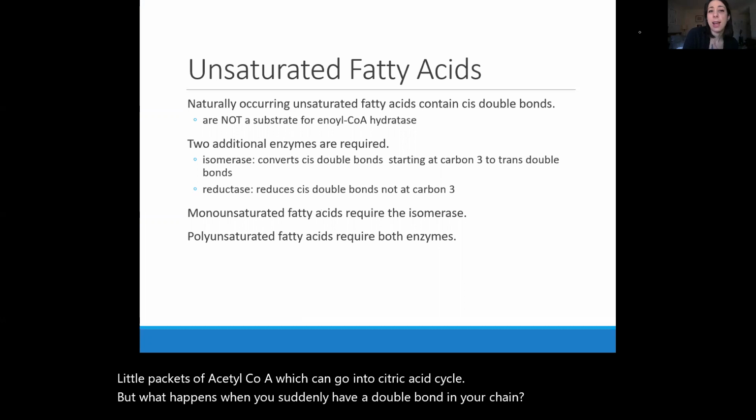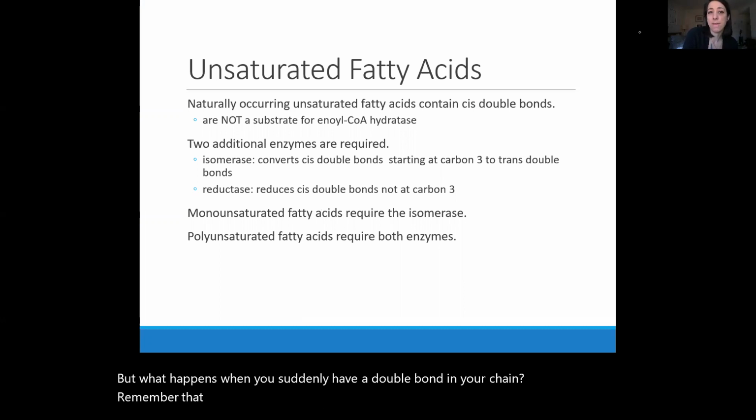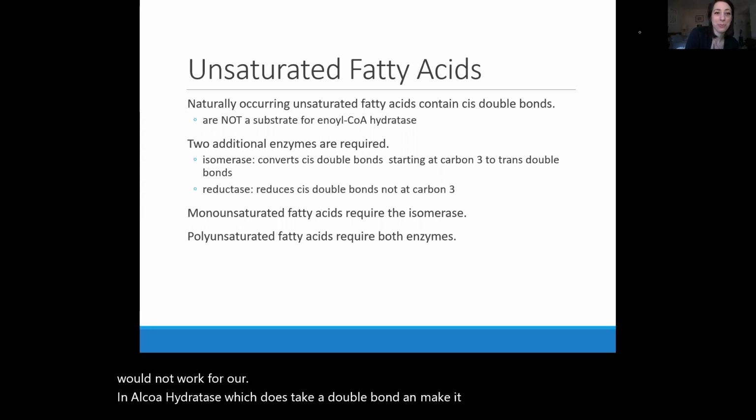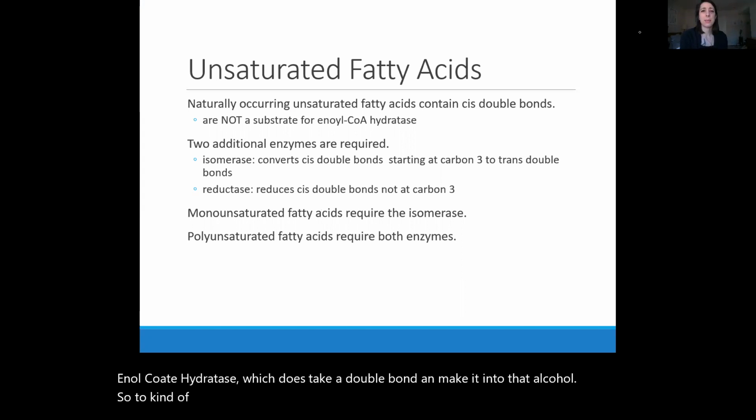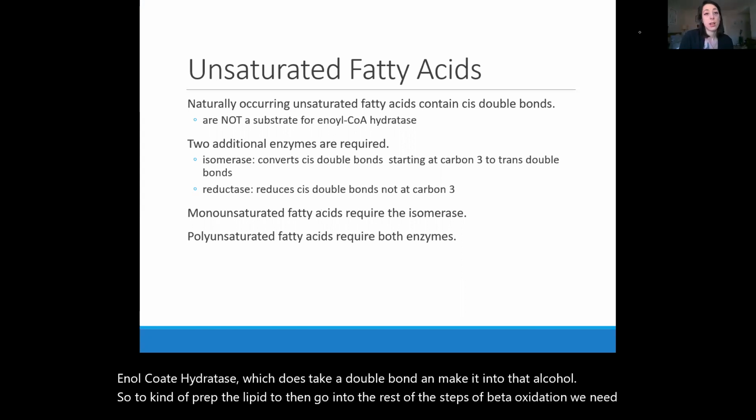Remember that naturally occurring unsaturated fatty acids contain cis double bonds, which would not work for our enol-CoA hydratase, which does take a double bond and make it into that alcohol. So to prep the lipid to go into the rest of the steps of beta oxidation, we need some additional enzymes.